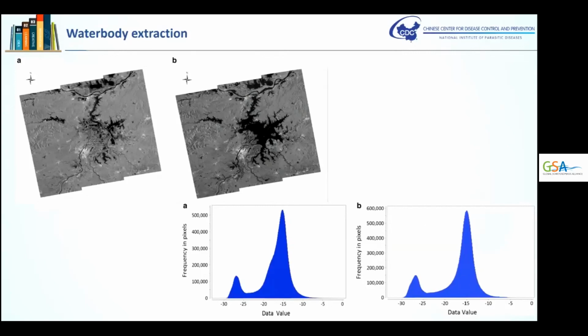In this study, the distribution of snail habitats was estimated using Landsat 8 satellite remote sensing image data, and areas where water bodies overlapped before and after flooding were identified using Sentinel-1 image data.